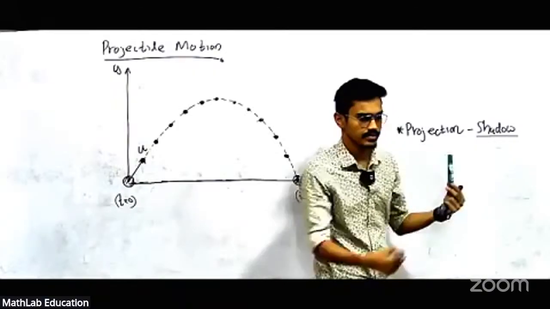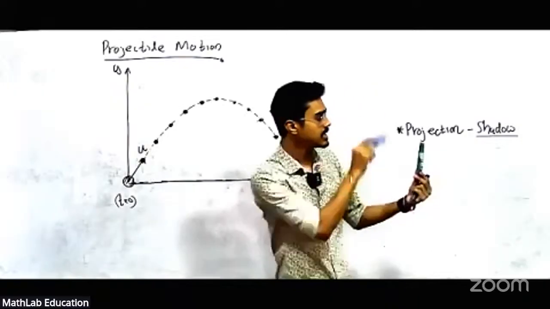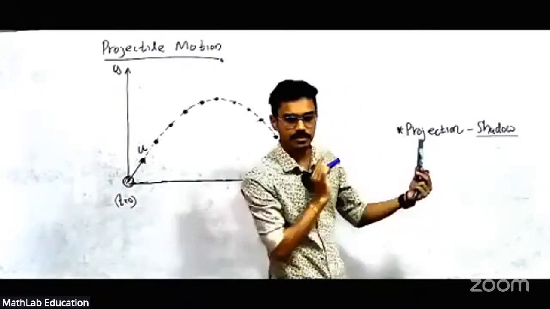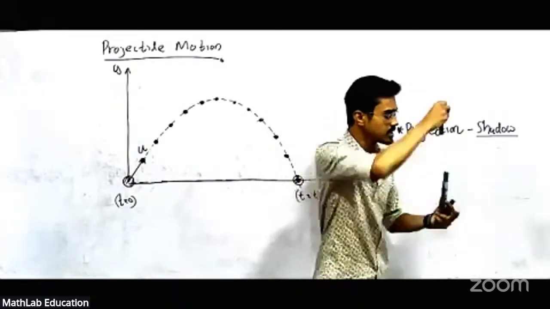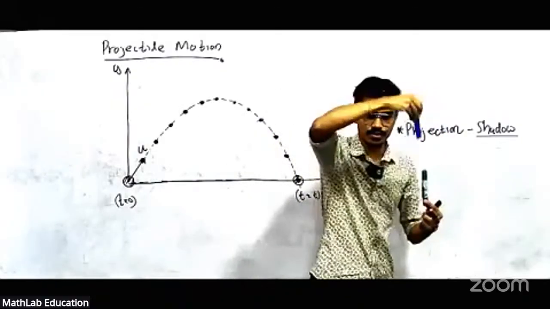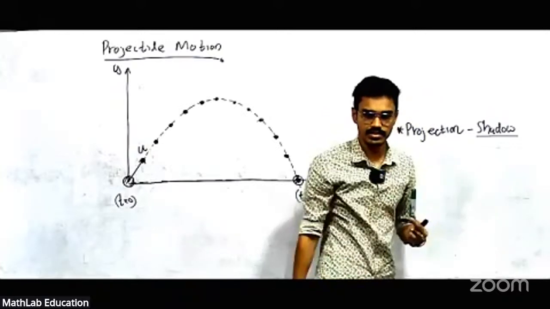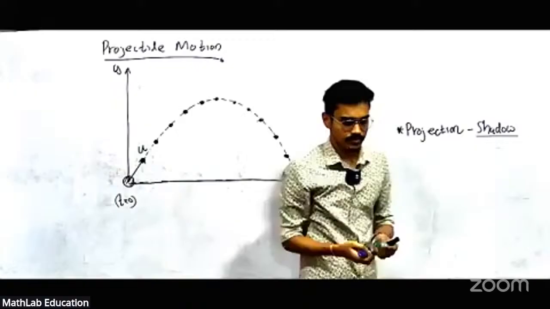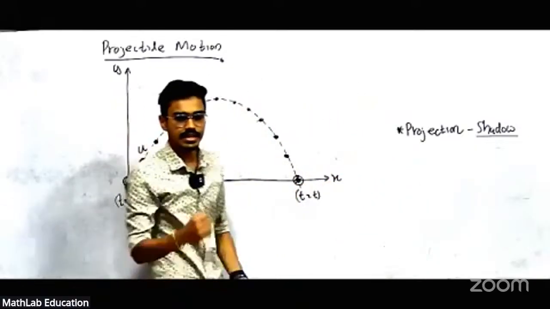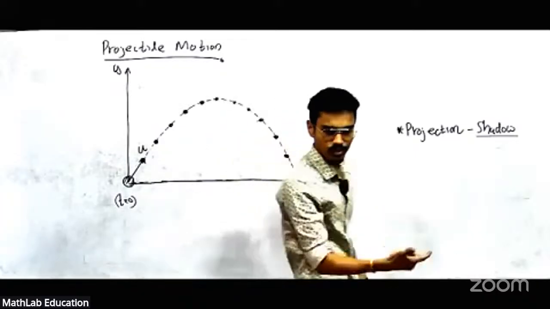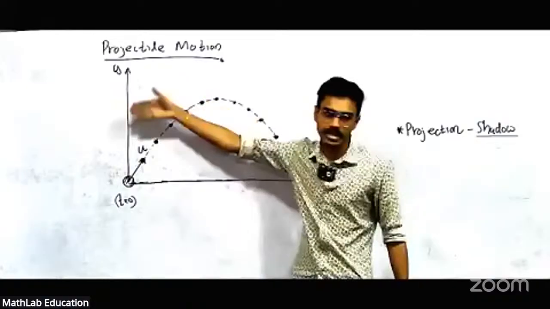For this pen, it will be a rectangular shadow. If I need the shadow here, I place the light source from the top, and then I will see a circular kind of shadow. So we can think of the shadow easily if we imagine applying a torch, a light source, opposite to the direction in which we need the shadow.